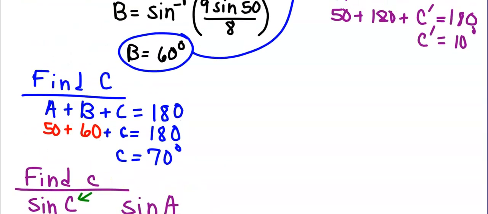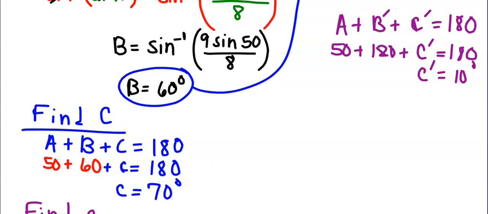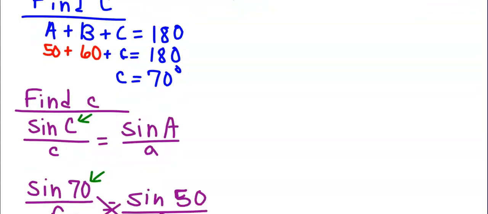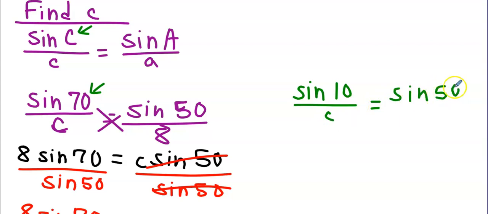Our angle C now is actually 10 for this one. So the only difference between the left side and the right side is we're just going to change that from 70 to 10, and then go straight to the actual solution portion. It's really quick and easy.